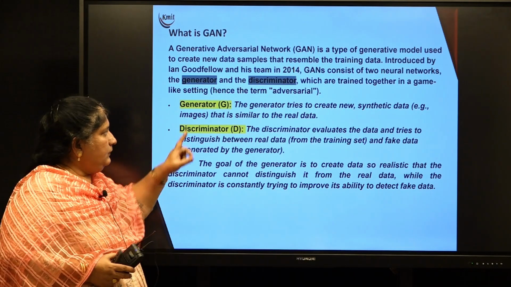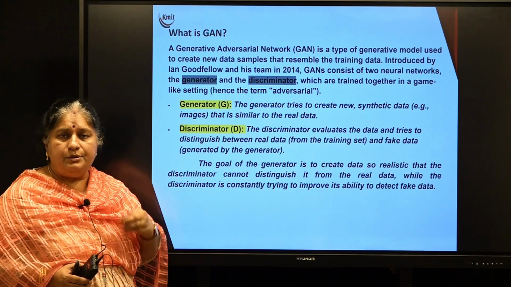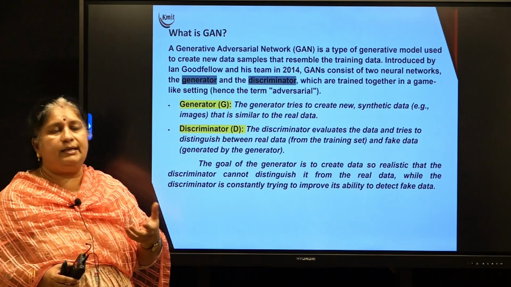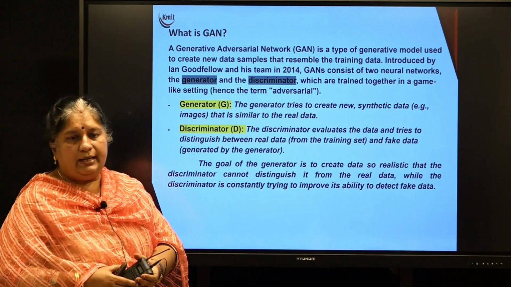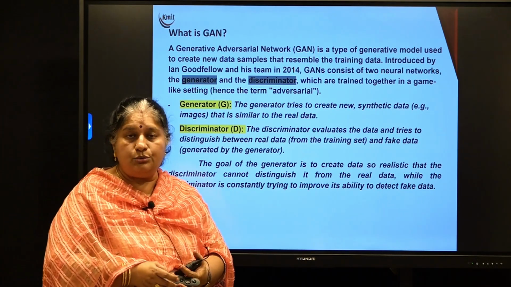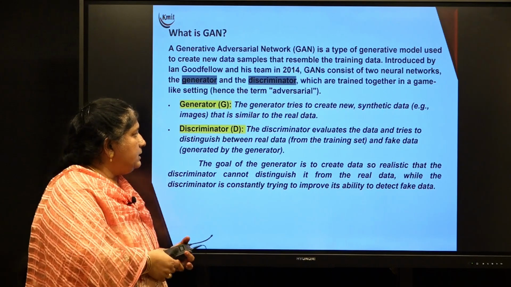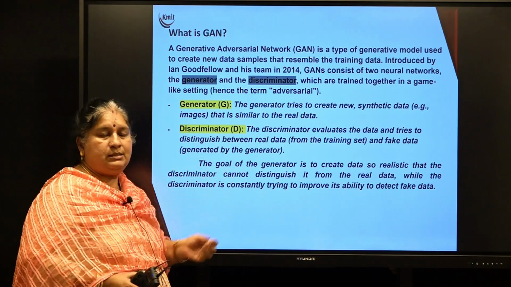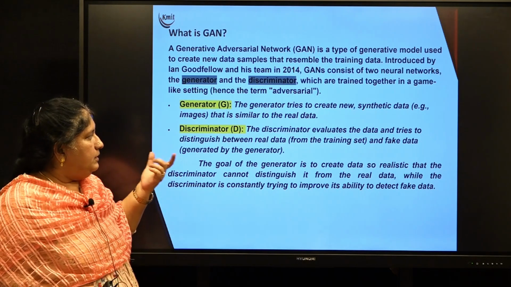The generator, as the name suggests, will try to create new or synthetic data. Say, for example, it is trying to create images which are similar to the original data. Now the discriminator, as the name suggests, is trying to discriminate and differentiate.